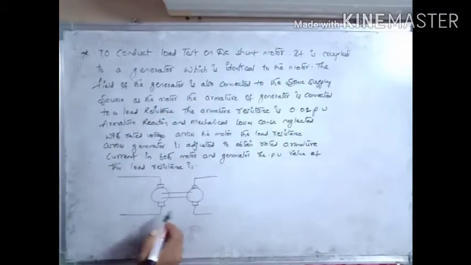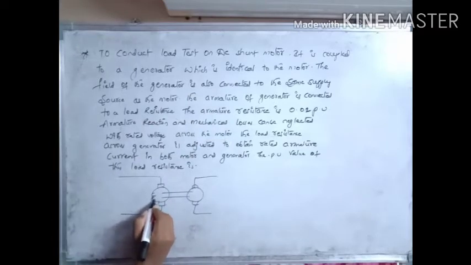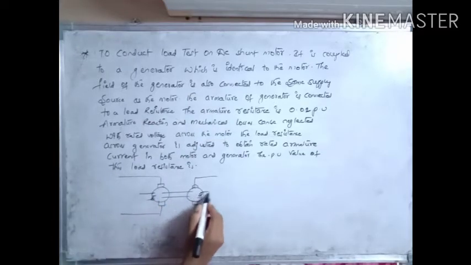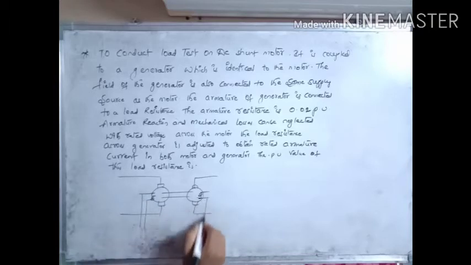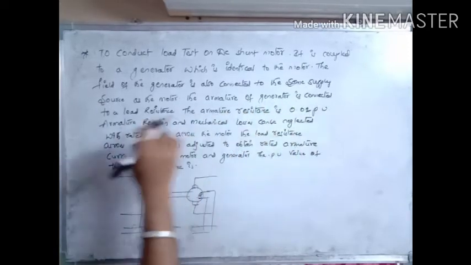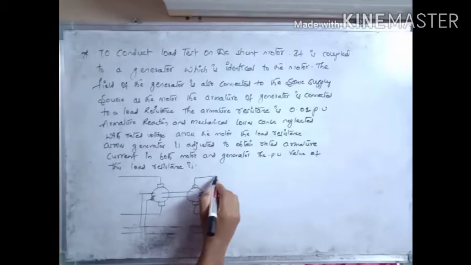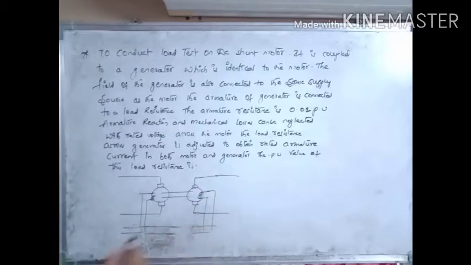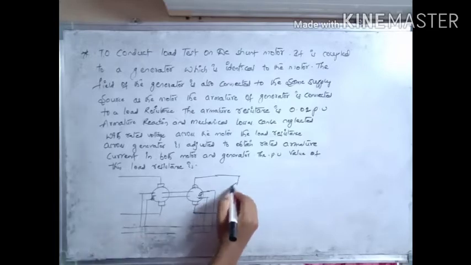The field of the motor and the field of the generator are connected to the same supply source, and the armature of the generator is connected to a load resistance.